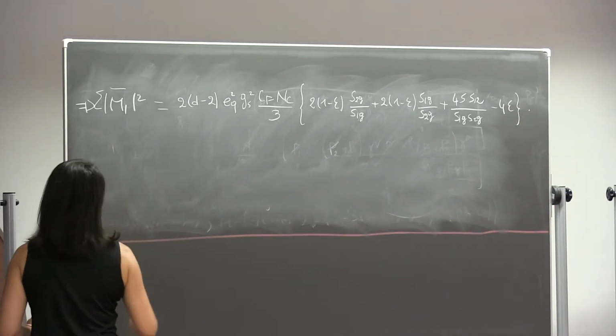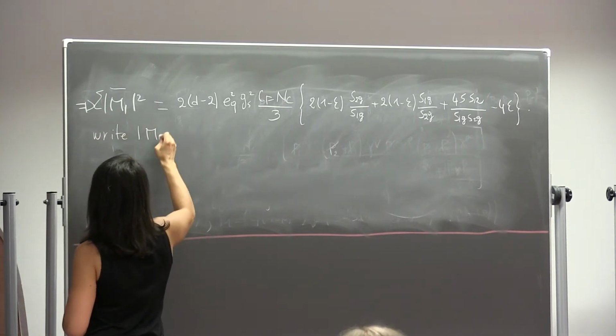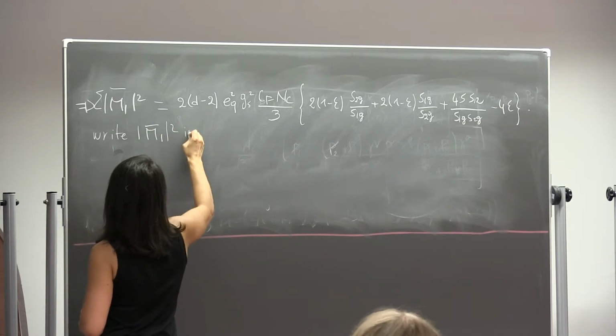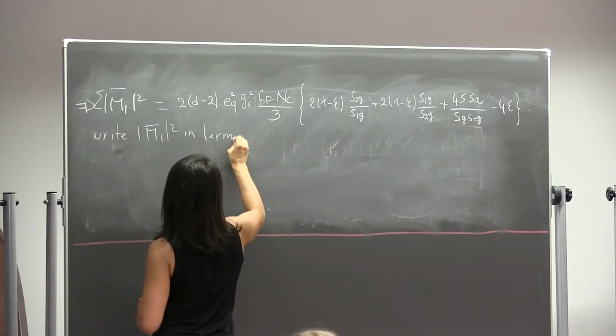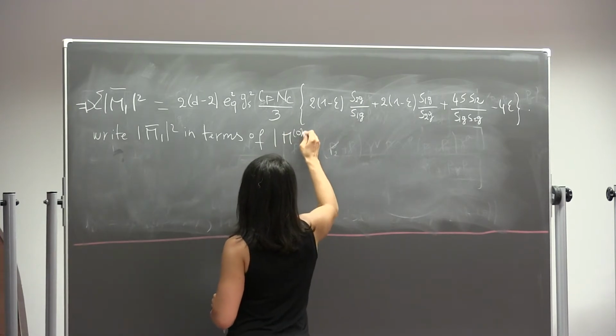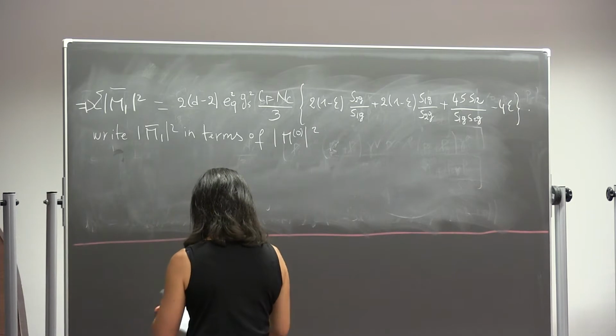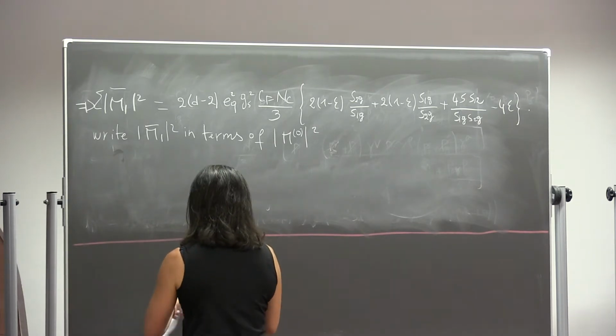Now, as I said, I want to write m1 squared in terms of m0 squared. And just to remind you about m0, which we calculated yesterday.